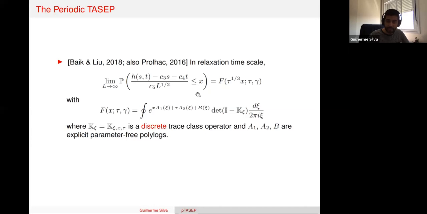And if you do things properly, what you get is that there is a 1-point limiting distribution, which they describe as follows. This 1-point distribution depends on tau, which is the rescaled time, and on gamma, which is the rescaled position.